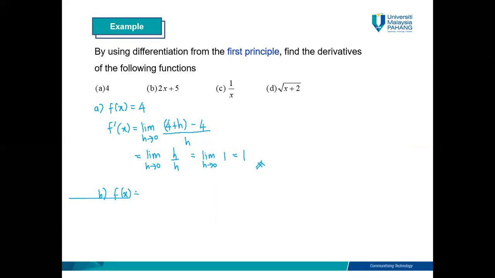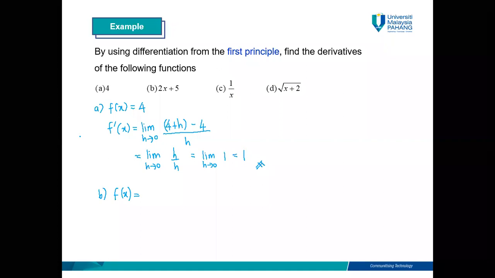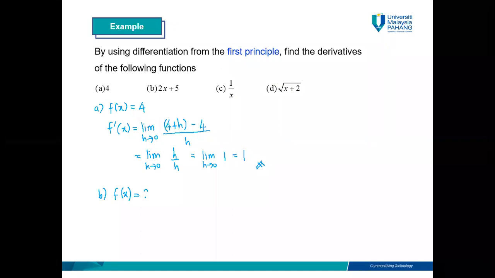So B, f(x) is 2x plus 5. f prime x is equal to limit of... you kena faham kat sini, dia adalah x tu sekarang adalah x plus h.